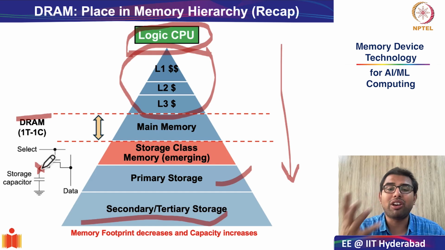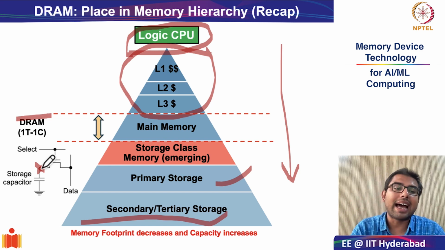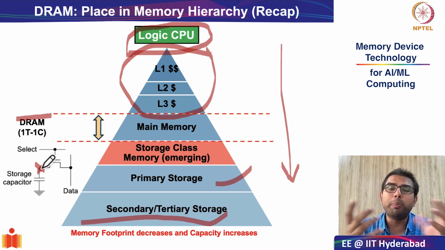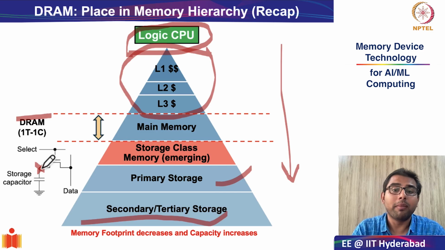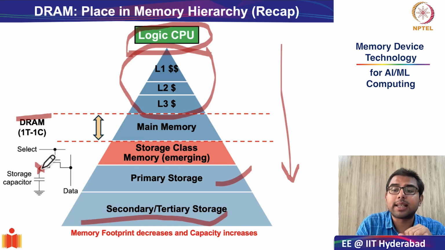So the point I'm trying to make is, while you make the structure simpler by having a 1T 1C and therefore higher bit density, the price or the penalty you pay is in terms of latency. And this will become clear as we discuss further.